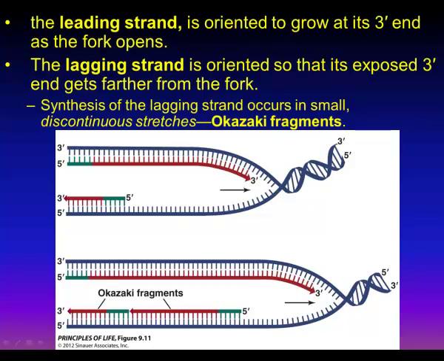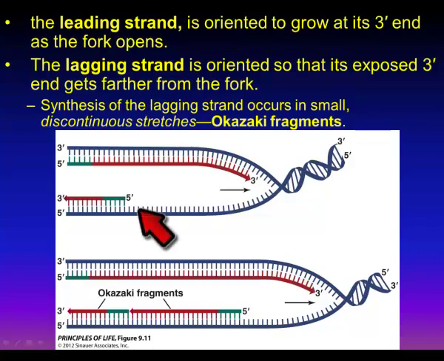When you unzip them, one is oriented in such a way that the 5' to 3' direction points towards the fork. On the other strand, the 5' to 3' orientation on a new strand points the opposite way that the fork is moving. So you can see from this slide that on the leading strand, one primer can be synthesized and DNA polymerase will continue to add nucleotides to it until it reaches the end of the chromosome.